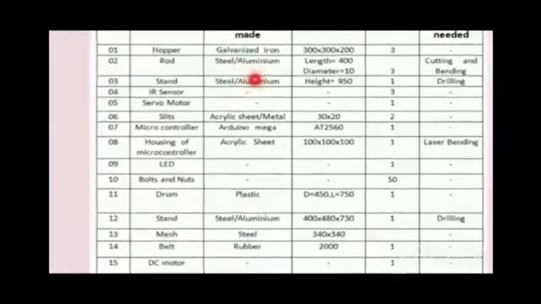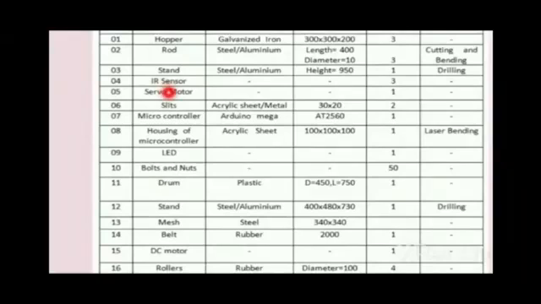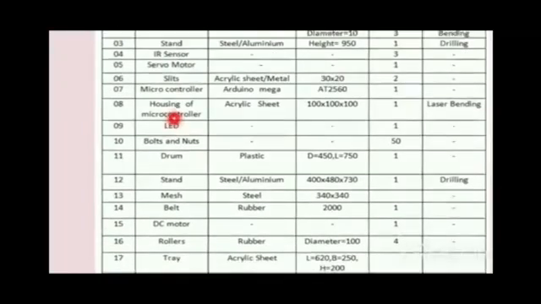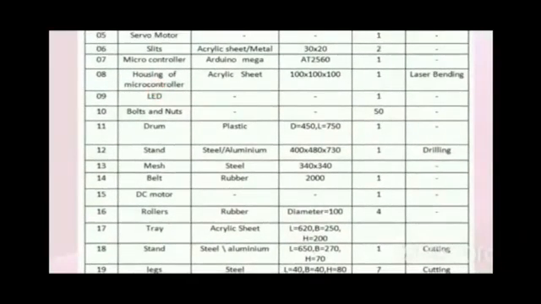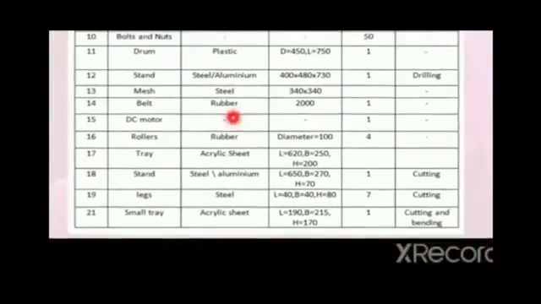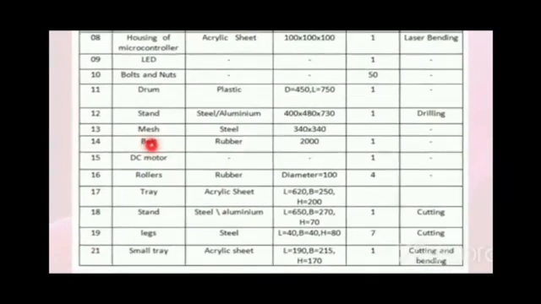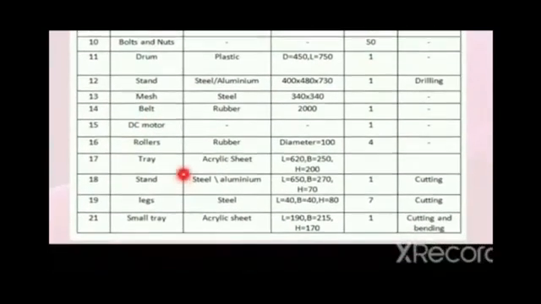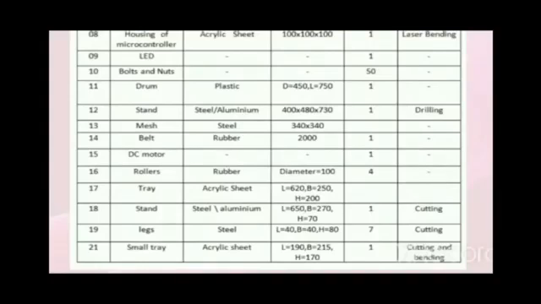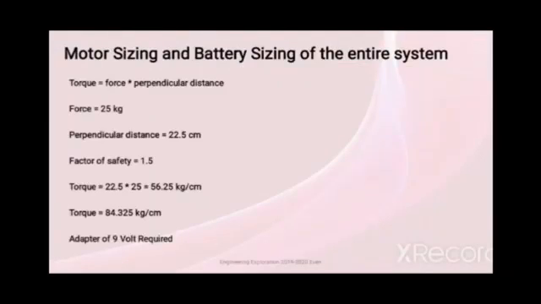The major parts involved here are the hopper, rod, stand, IR sensor, servo motor, slits, microcontroller, housing of microcontroller, the LED, bolts and nuts, the drum, stand, mesh, belt, DC motor, rollers, tray, stand, legs, and a small tray for housing of microcontroller.